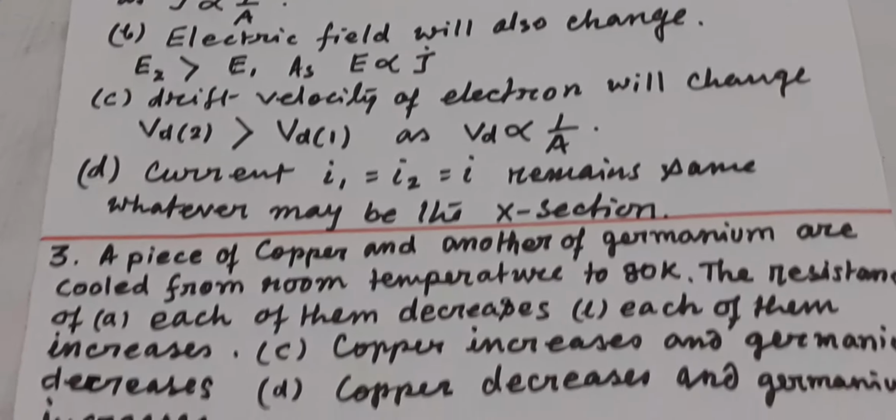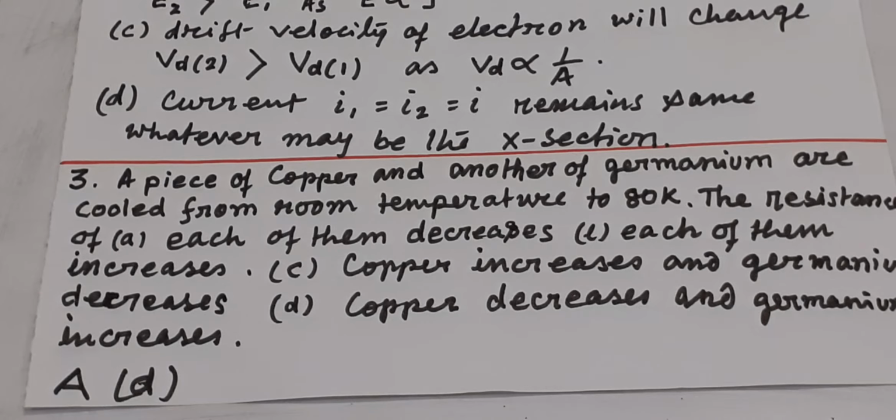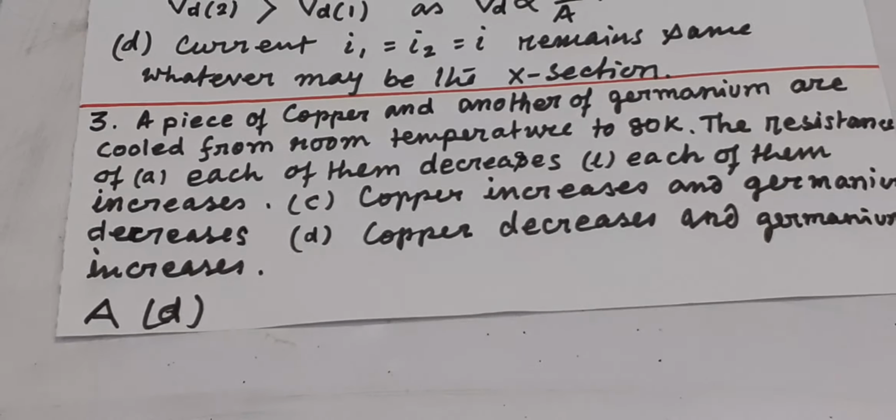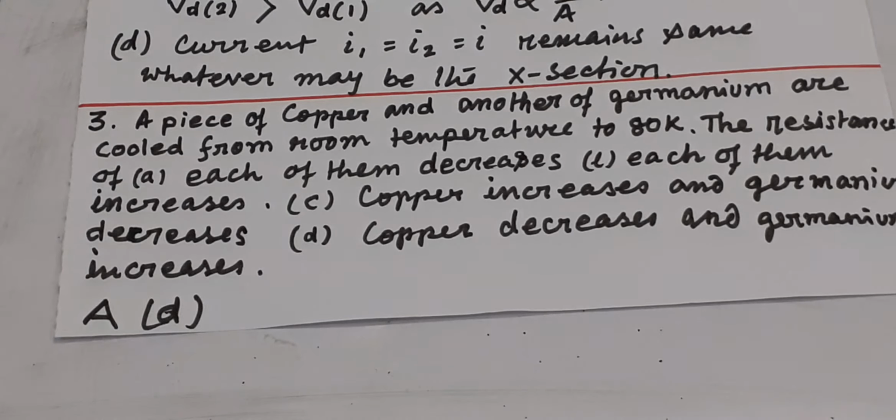Next question 3. A piece of copper and another of germanium are cooled from room temperature to 80 K. The resistance of each, there are 4 choices. Each of them decreases, each of them increases, copper increases and germanium decreases, copper decreases and germanium increases.